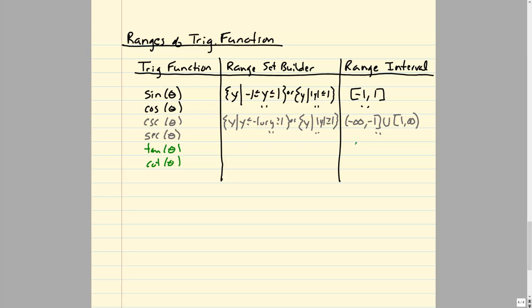So my range interval is negative to positive infinity for both tangent and cotangent. And then our set builder notation, we can say all real numbers. So all values of y such that we're between negative and positive infinity. And remember, we never bracket infinity. Or all values of y such that y is a real number.